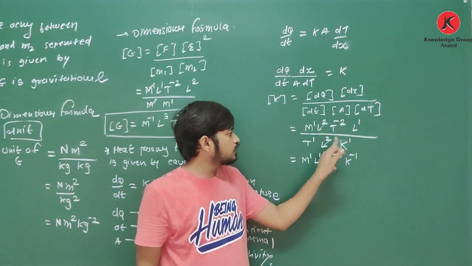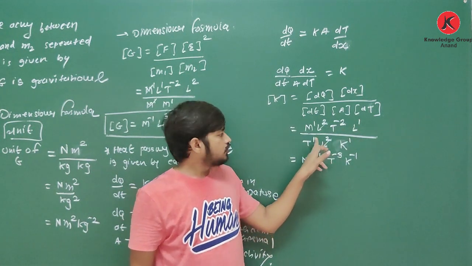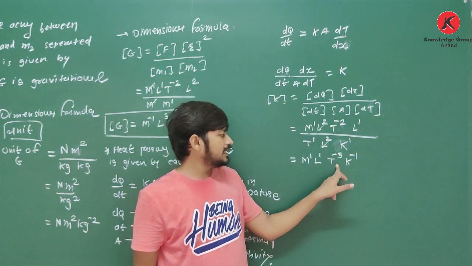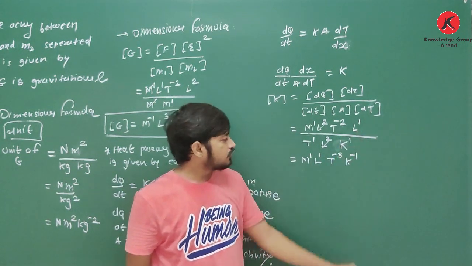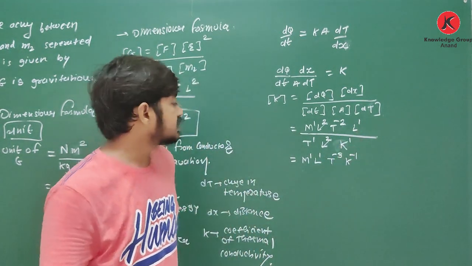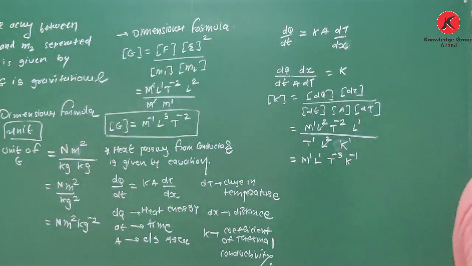This L2 and L2 cancel, so that is only L1. T minus 2, here it is T1, so minus 2 minus 1 will be minus 3. And K1 is only in the denominator, so you can write it in the numerator as K minus 1. So that is how to obtain a dimensional formula if you are given an equation.